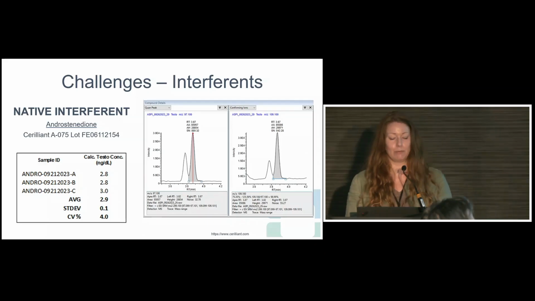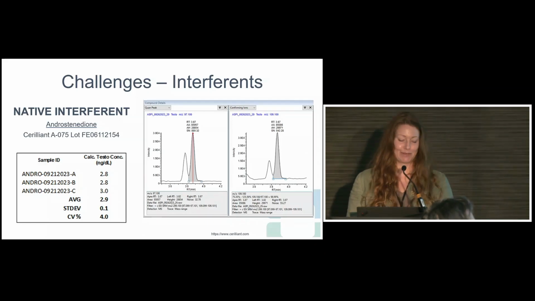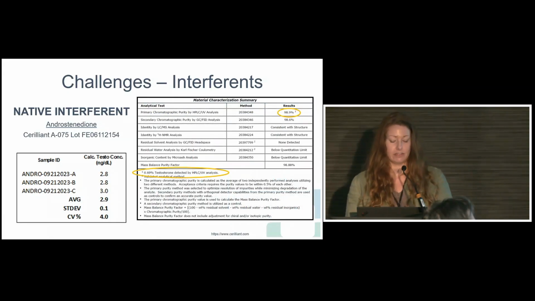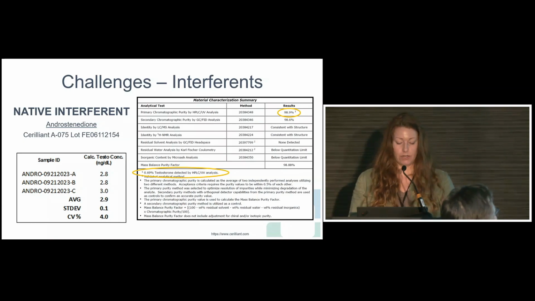So after some mild panic and going to my supervisor, who was able to calm me down, we took a look at the C of A. Through examination of this, we were able to see that there was noted and reported a small percentage of testosterone within that reference material. So we were able to use that to determine the root cause of that peak in the blank.